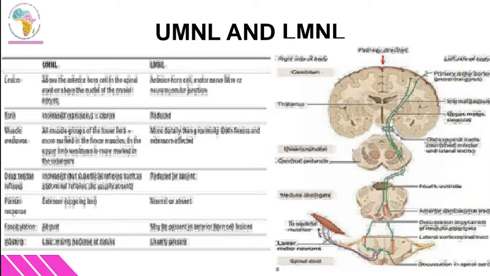Then the other aspect I would also want us to understand is the muscle bulk. You find that in upper motor neuron lesions there's atrophy.